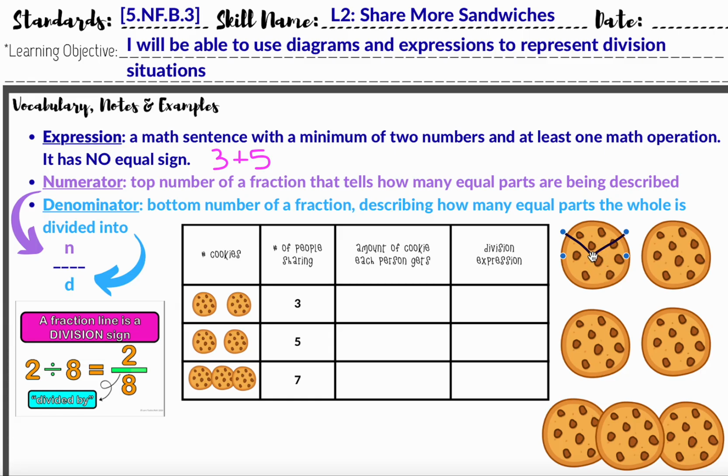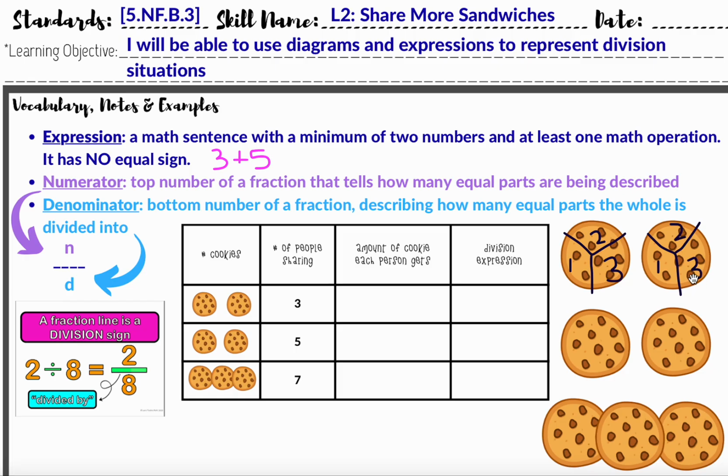I need to get my pen back. Okay. So in this case, I can number them. I can say, okay, this is the first person, second person, third person, again, first person, second person, third person.